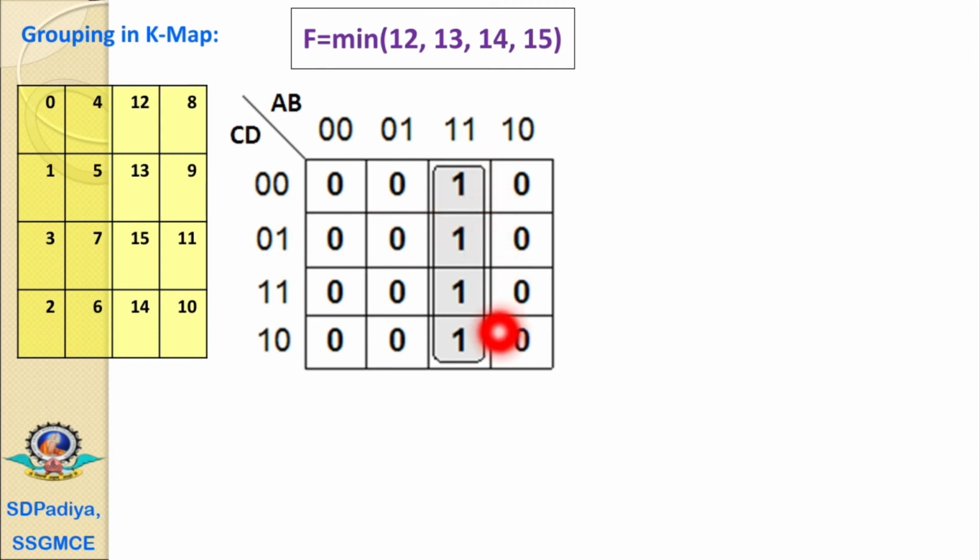Now at the row side, this group belongs to four rows, therefore directly we can understand that all the rows will eliminate each other. There will not be any term for CD. And at the column side, it belongs to only one column and its designation is 1 1. Therefore finally its simplified expression will be AB.